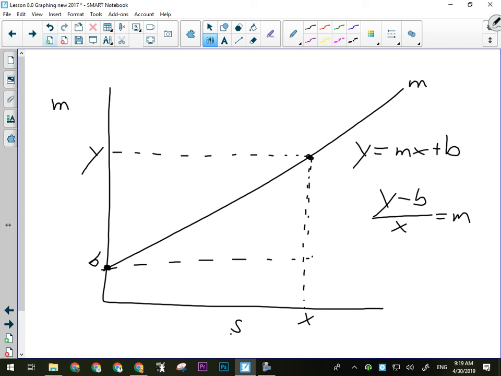Okay, you guys follow me there? So if I'm taking this here, this is a distance, is it not? And this is a time. So when I go y minus b, what I'm effectively doing is going final position minus initial position divided by time.